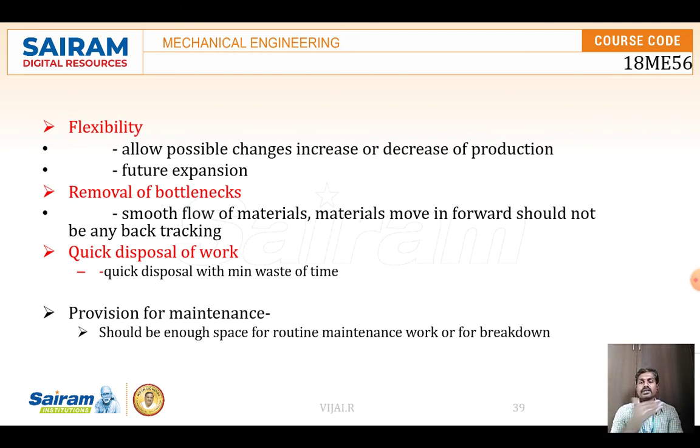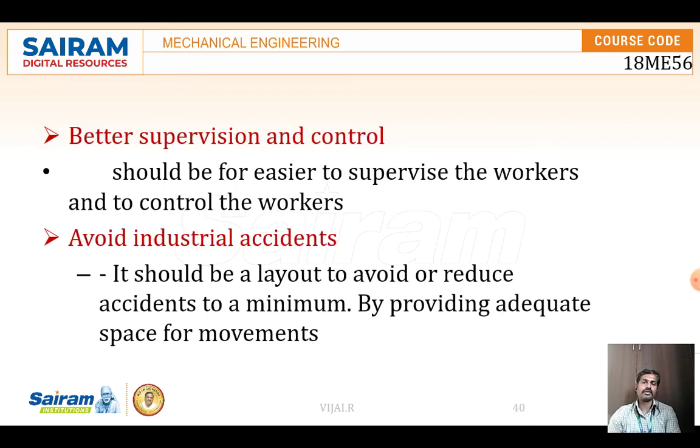Then flexibility: there may be changes in increasing or decreasing production, so the layout should allow for future expansion. And as we said, minimum waste of time, with quick disposal of material. Time is very important for any process to get the outputs.